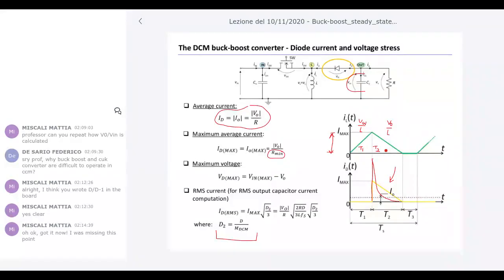By using this expression, you can derive T2 over Ts, and so you find this expression here. You can put this expression in this quantity here, and then you can derive all your expressions. At the end of this block of slides, there are all the equations that you derived, and they are complete.